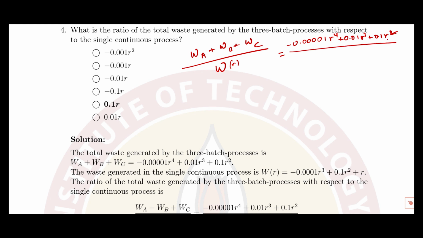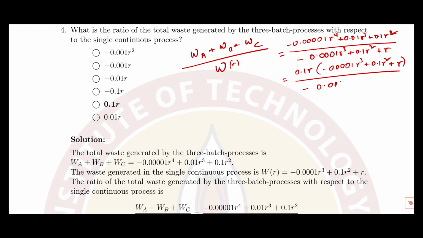And we were also given that W of R is nothing but minus 0.0001 R cube plus 0.1 R square plus R. If we take out 0.1 R common from the numerator, we get minus 0.0001 R cube plus 0.1 R square plus R, divided by minus 0.0001 R cube plus 0.1 R square plus R. This cancels out.